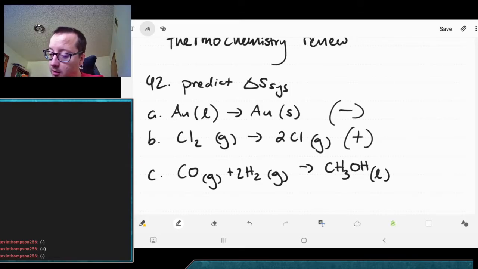So chances are this is most likely going to be negative. That being said, we do have some benefit here to making a more complex molecule, because that gives us more things to do. Remember that entropy does increase with molar mass. But because we're having 3 moles of gas turn into 1, probably that's going to outweigh any benefit from making a more complex molecule.